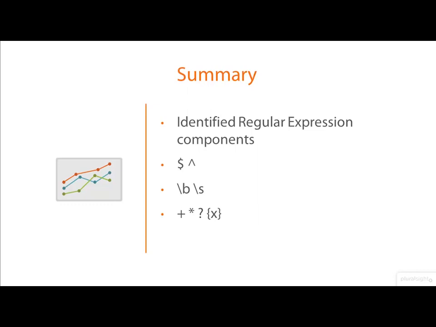Whereas if we go through and look at something like the star, we're still making the previous character optional. However, we can have any amount of those characters within a consecutive string. And then the plus, and that's saying where we can have one or more of the previous characters. So we've seen how we can use these quantifiers to enhance our regular expressions.